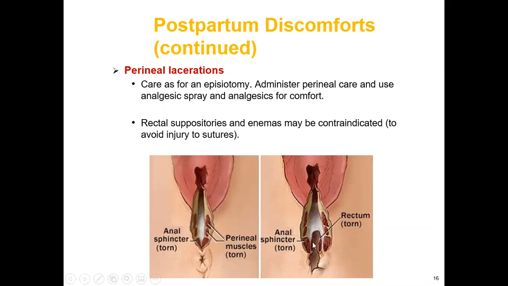So the anal sphincter tone may be destroyed, with tearing and a chance to develop complications. So care for an episiotomy: do perineal care and use analgesic spray or analgesics for comfort. Rectal suppositories and enema may be contraindicated.